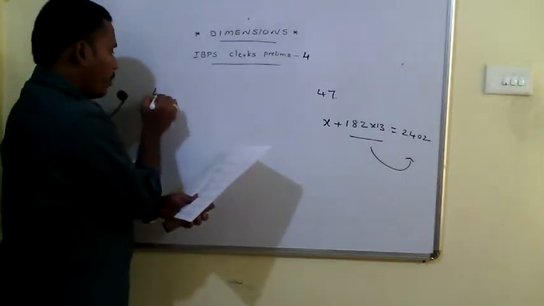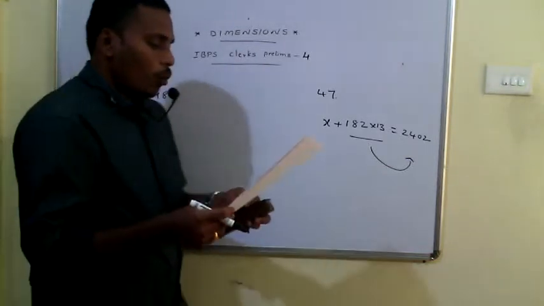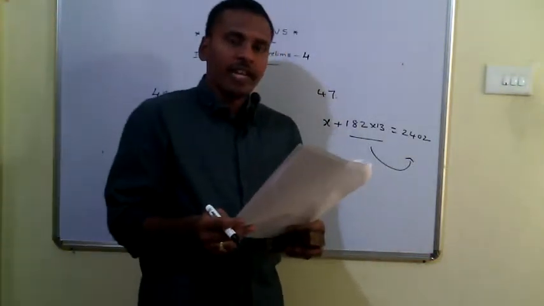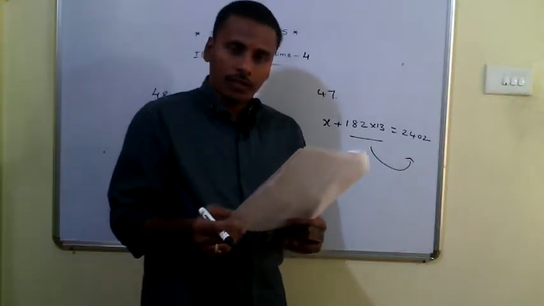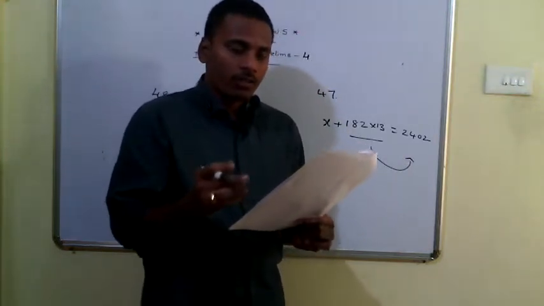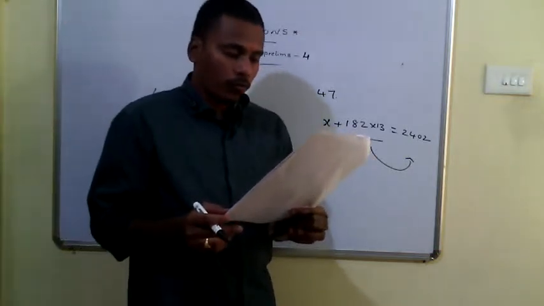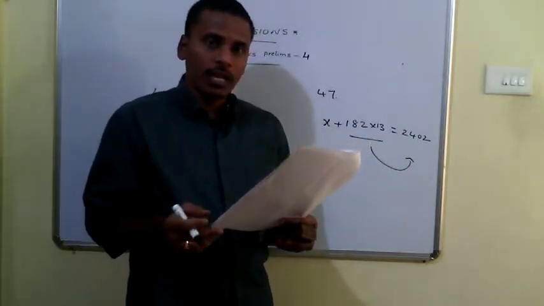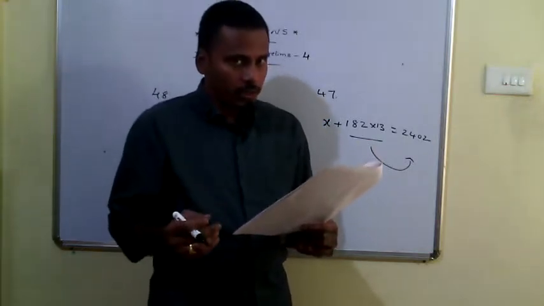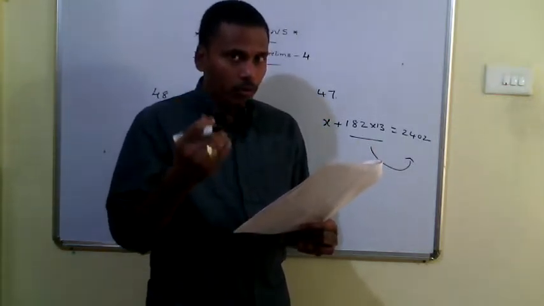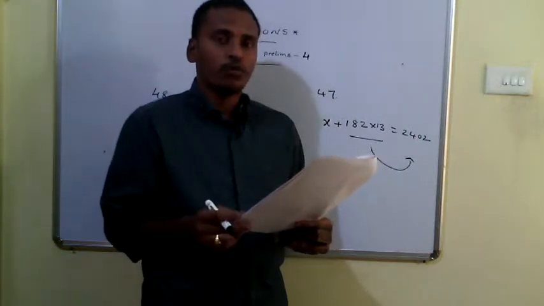For the 48th problem, it is given that Vishaka spent 68,357 on the renovation of her home and 25,675 on buying a music system, and the remaining 28% of the total amount she had as cash with her. Since the remaining amount is 28%, the spent amount is 100 minus 28, 72%.